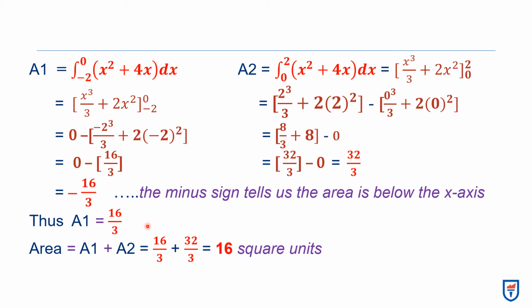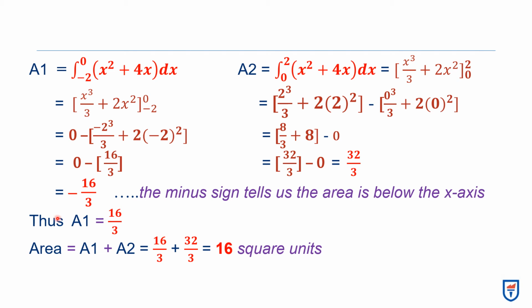So for us to find the total area covered by the graph between the interval of minus 2 to 2, we add the two areas, area 1 plus area 2. Now our area 2 is 32 over 3, which is above the x-axis, and our area 1, which is below the x-axis, is 16 over 3. So we don't take the negative.